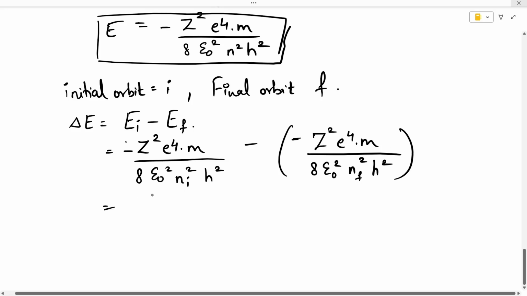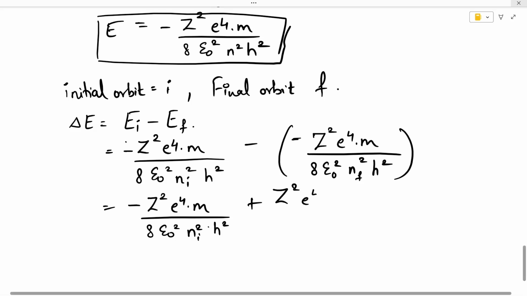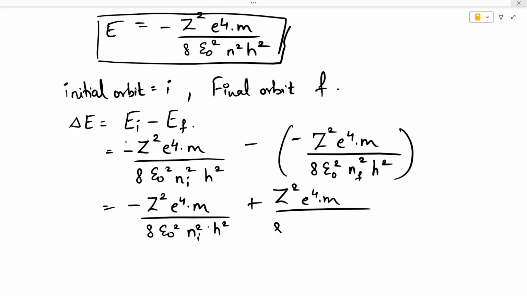Okay, so minus minus will get plus, so it will be minus Z square e raised to 4 times m upon 8 epsilon naught square n i square into h square plus Z square e raised to 4 times m upon 8 epsilon naught square n f square into h square.